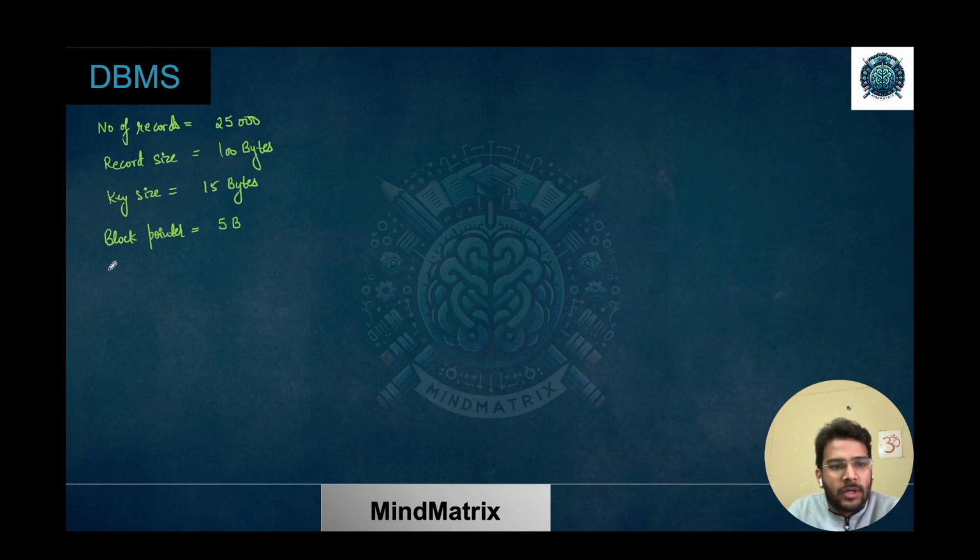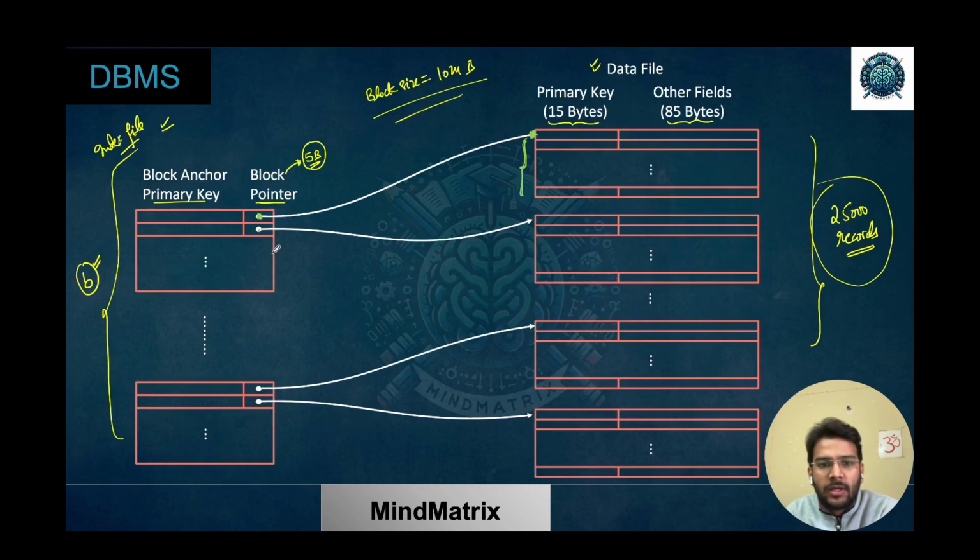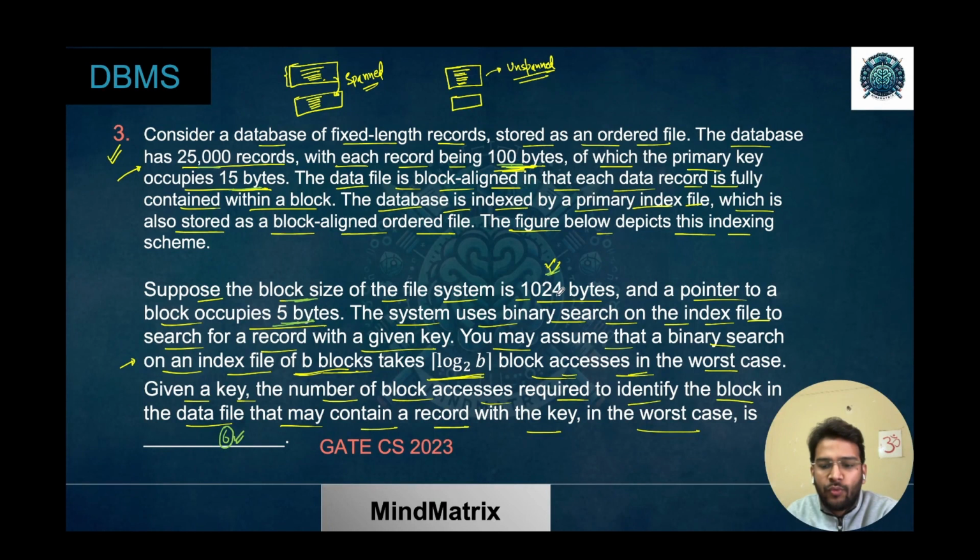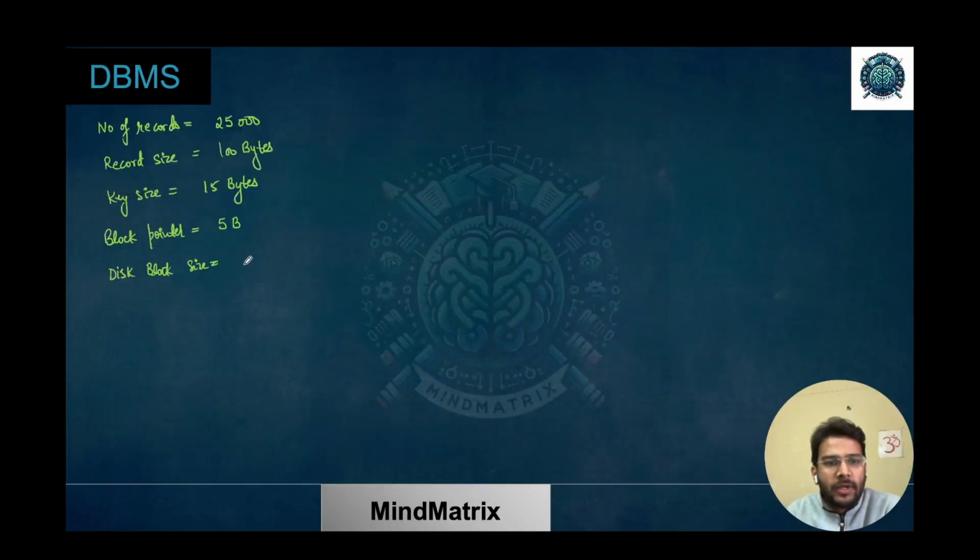What else? If we talk about the disk block size, it is given to us as 1024 bytes. So we can write here 1024 bytes is the disk block size. And what about the index size? Index size is going to be the key size plus block pointer size.